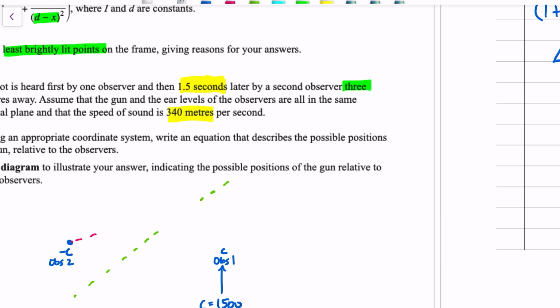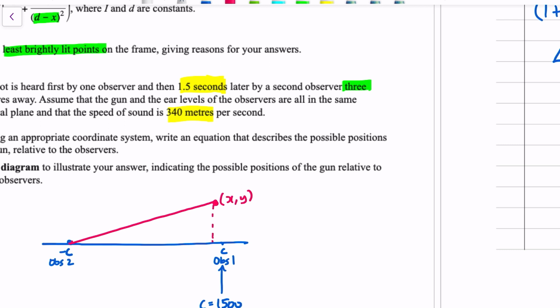So we put the observers in, like I did before. We call this point xy, which we don't know its equation. Suppose we don't know anything about hyperbolas at all. And then we're just out to prove that this locus is a hyperbola. We're going to use Pythagoras to find this distance. So d1 in terms of Pythagoras.